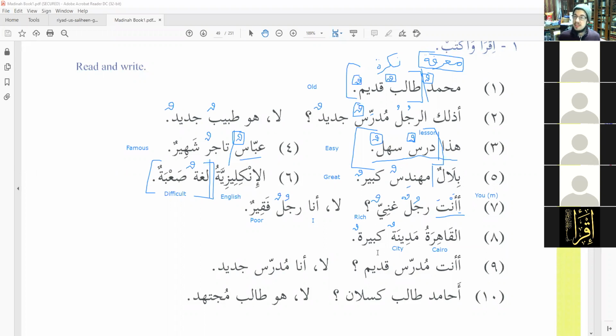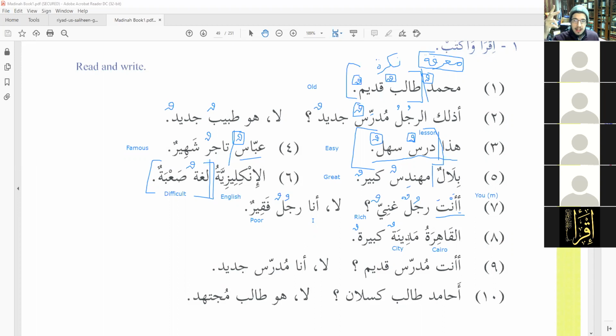And we notice that it's feminine. Earlier we had Bilalun Muhandisun Kabirun. Sifa Mawsuf, the Sifa has to follow the Mawsuf in 4 things. Now we have Madinatun Kabiratun. We have a nice demonstration of the Sifa following the Mawsuf. Medina is singular. It is marfu'.